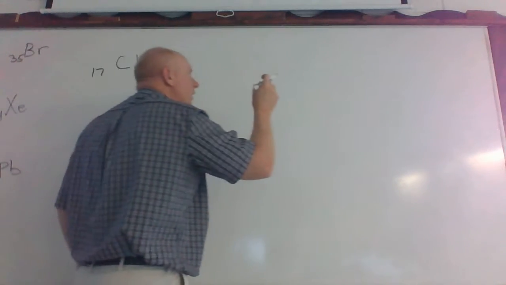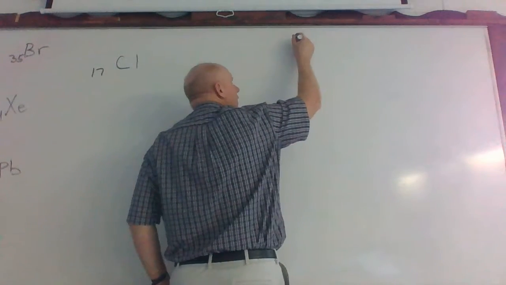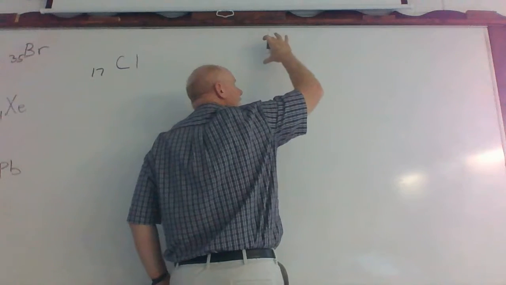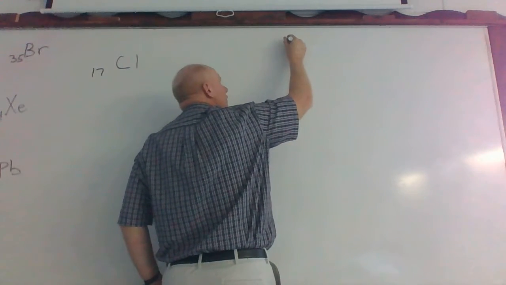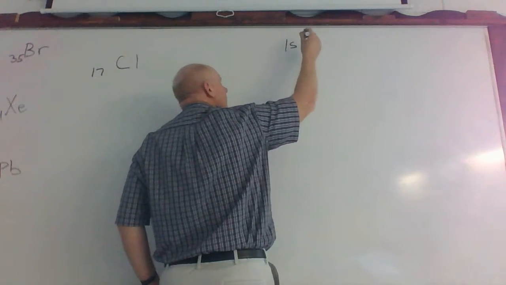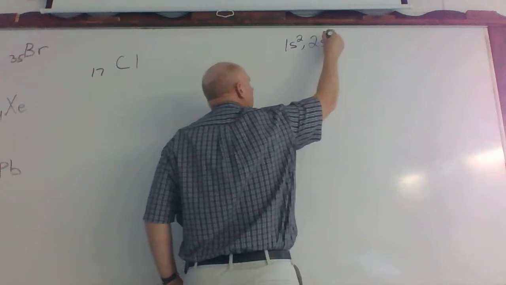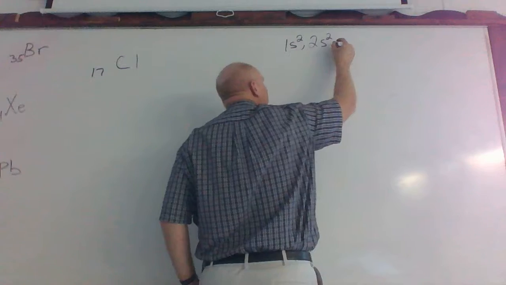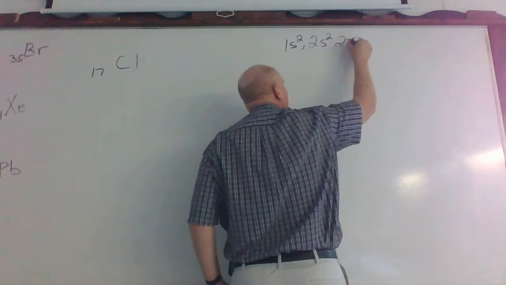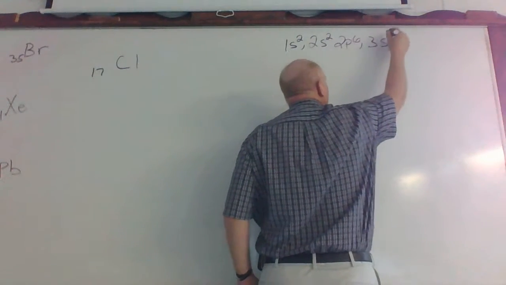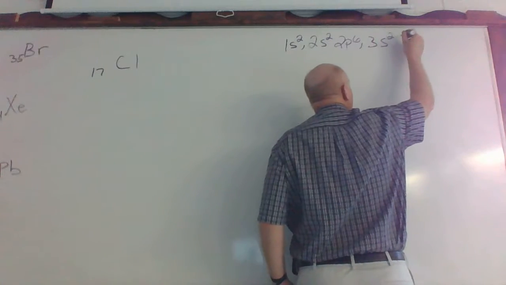In other words, that's where it comes from. But we're going to do it longhand. The configuration is a linear depiction. We do what? 1s2, 2s2, 2p6, 3s2, 3p5.